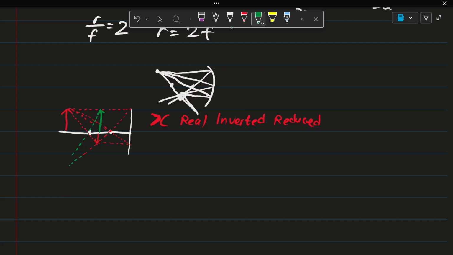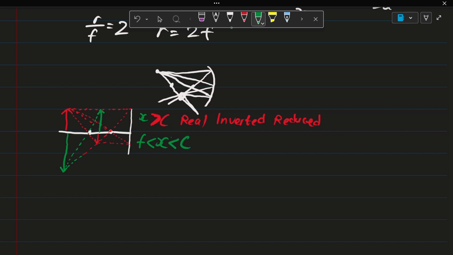So there is this location here, which is where your image is going to be.